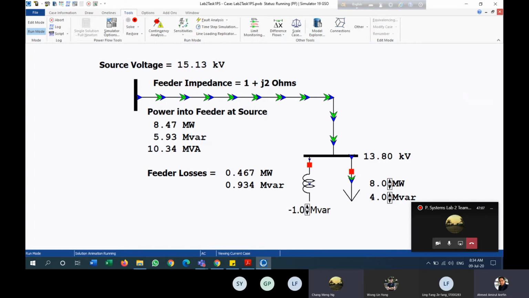Basically, an inductor consumes reactive power. In your simulation, if you want to increase the value in the positive direction, you can't. You can only use the negative direction, because if you change the value in the positive, there is no scope we have for the reactor, the inductor.